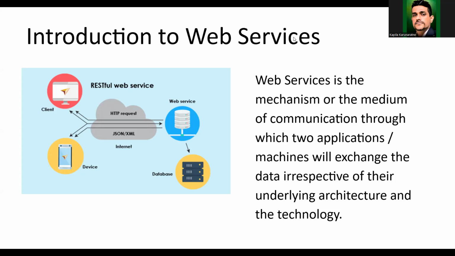But they don't have a dependency on the architecture or the technology. Web services are independent, and there's no dependency based on the technology or architecture that we use. They independently communicate through these interfaces. That's fundamental.